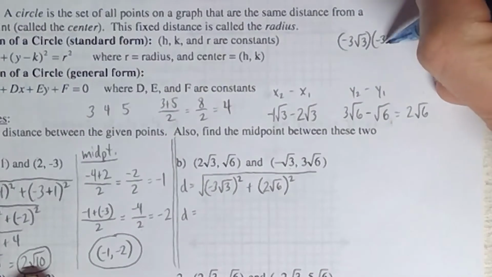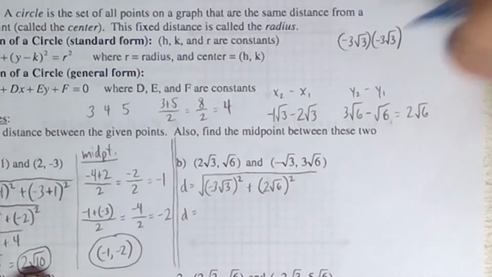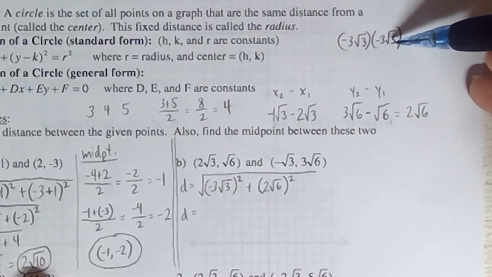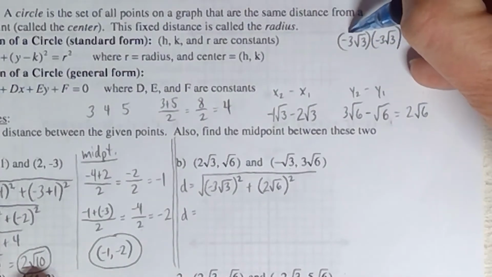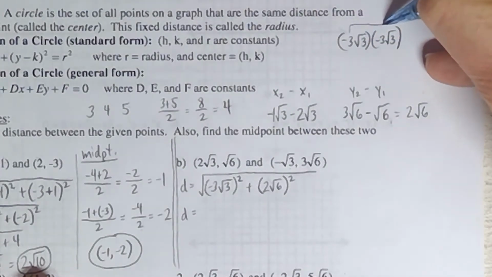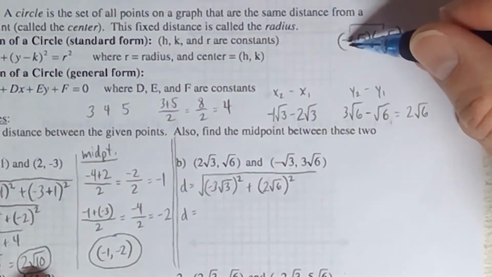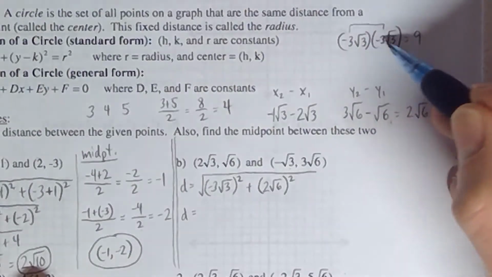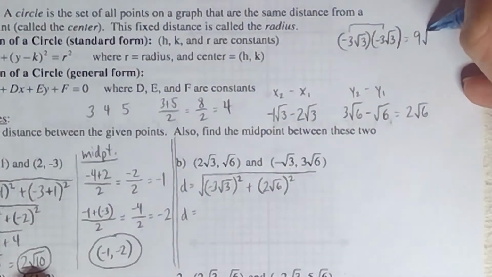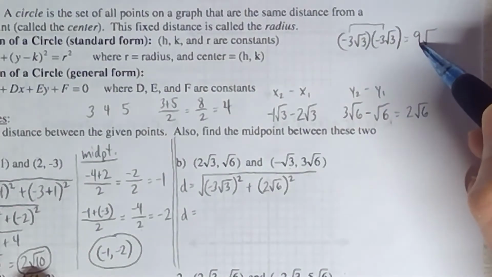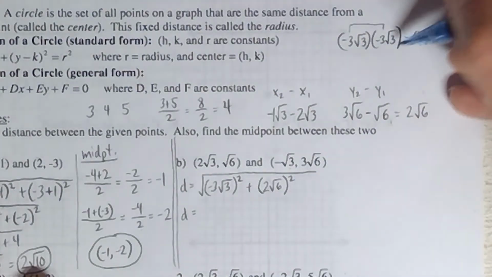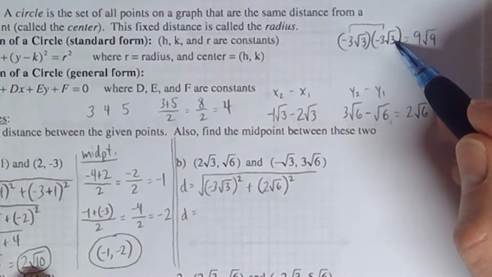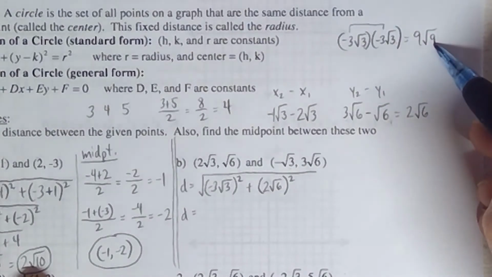The reason I like to do that is because we learned that when you multiply a radical term times another radical term, you multiply the outside part times the outside part, and then you multiply the inside part times the inside part. The outside times the outside stays outside in the answer. The inside times the inside stays inside in the answer. So the inside 3 and the inside 3 become the 9 on the inside.